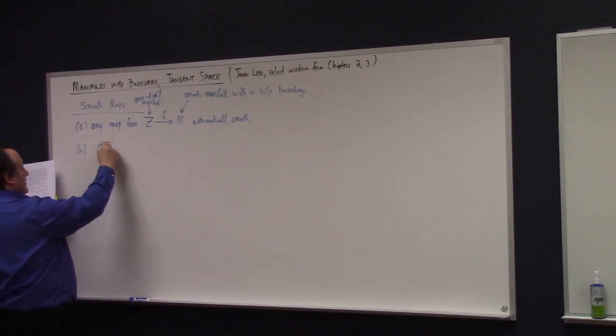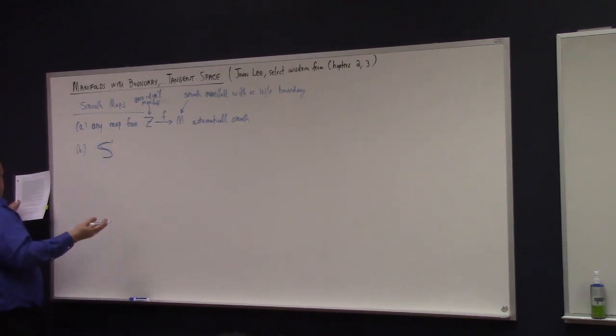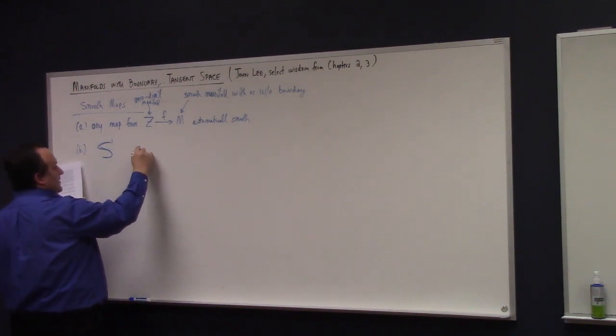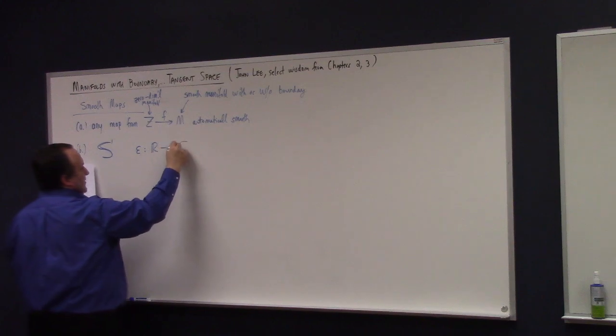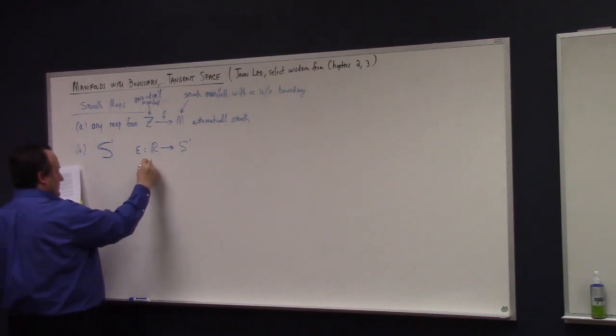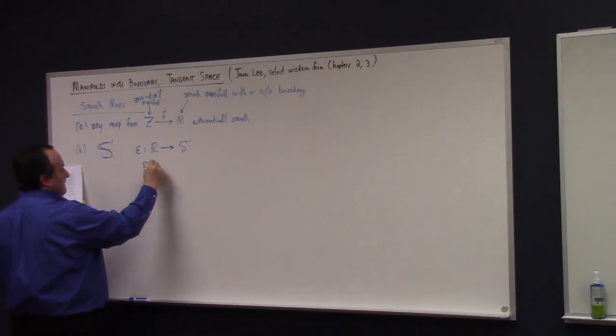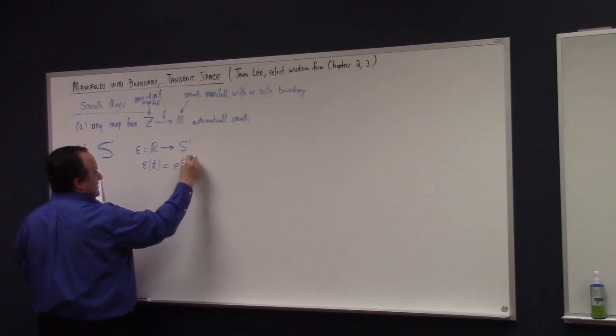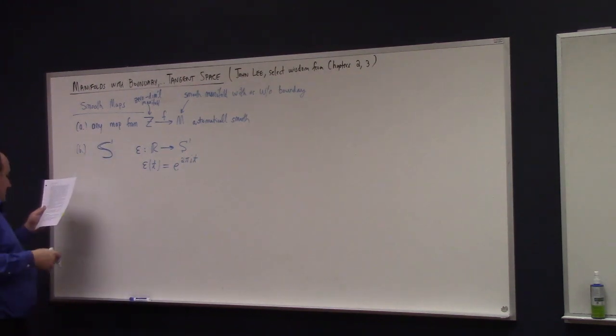Anyway, S1, given its standard smooth structure, you can talk about the mapping epsilon from the reals to S1, defined by epsilon of t equals e to the 2 pi i t. It is smooth. Why is it smooth?